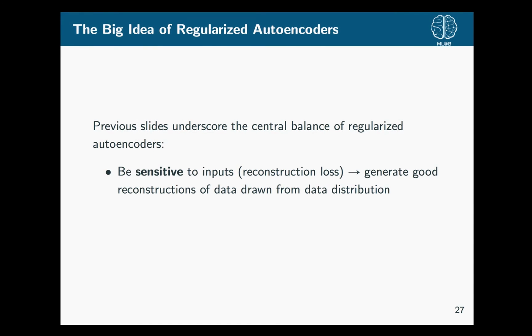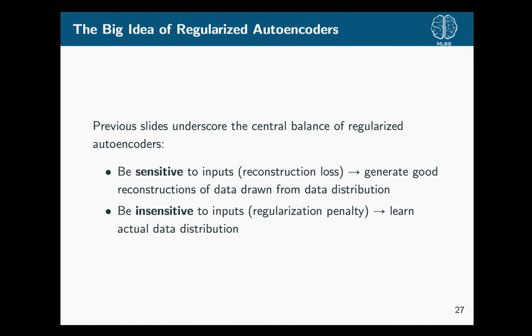So all in all, this is the key. I think you asked why we are doing regularization. It comes down to these 2 principles. You want to be sensitive to inputs because otherwise you won't be able to do reconstruction very well. You have to know down to the pixel what the input is like and how to get that very pixel back, so that will give you good reconstructions of data.